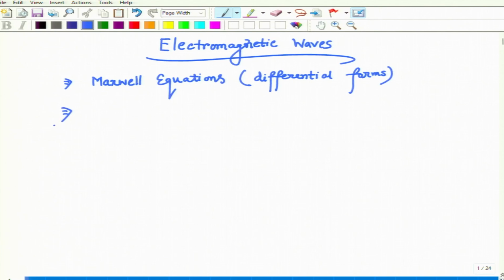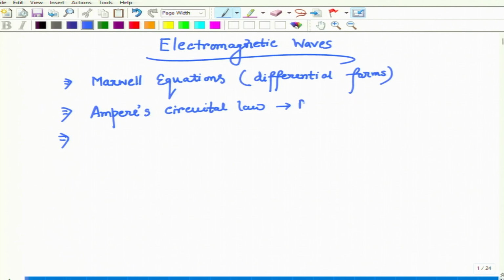After Maxwell equations we studied Ampere's law, Ampere's circuital law. After that, from Ampere's circuital law, we also studied Maxwell Ampere's law.